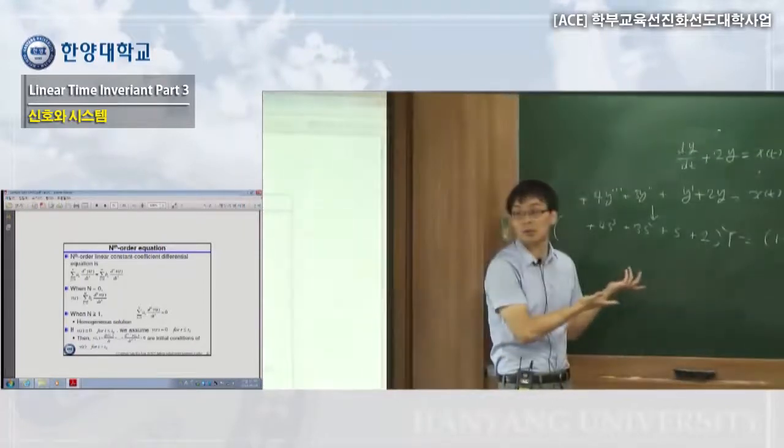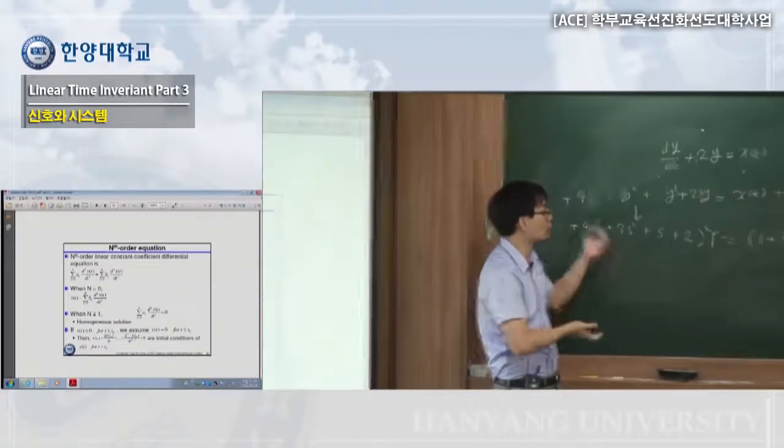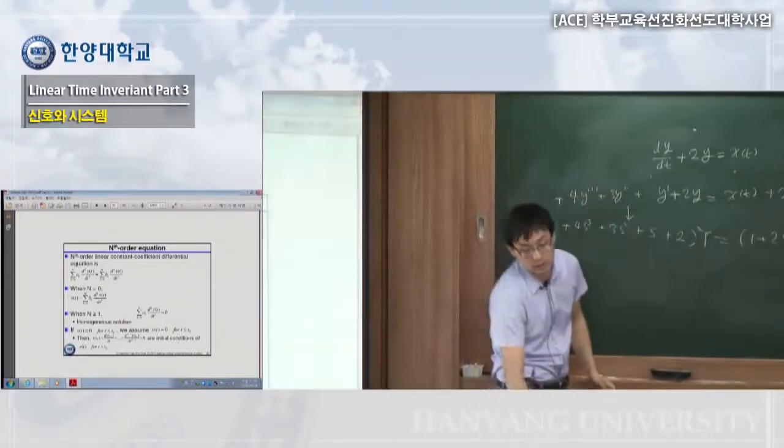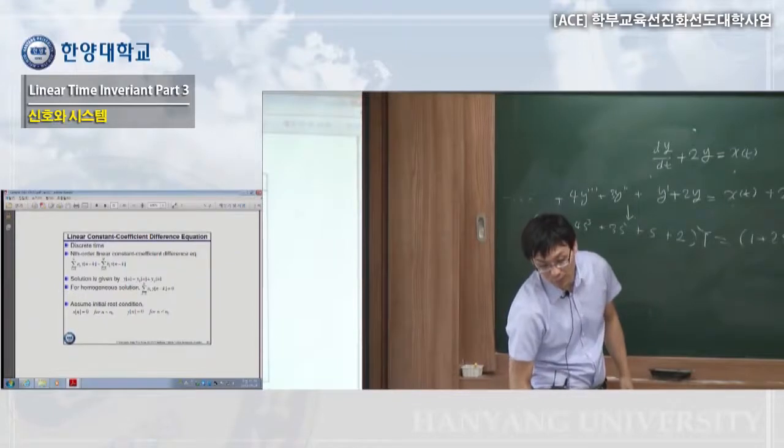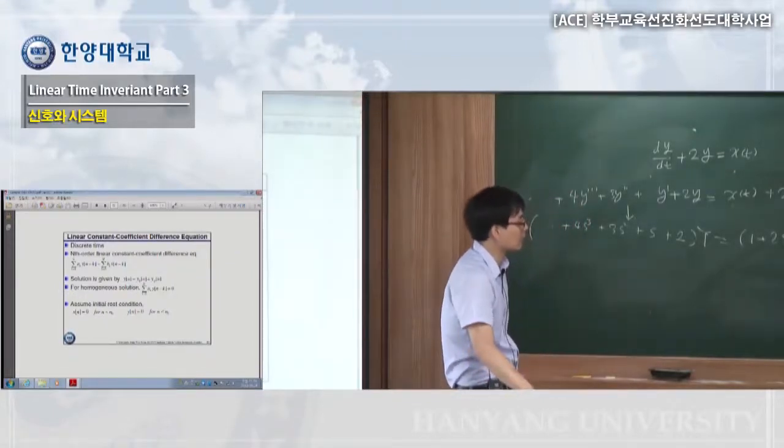This looks easier compared to putting y in the solution right away. So that's the reason we talk about the Laplace transform or Fourier transform. Likewise, this is continuous time.